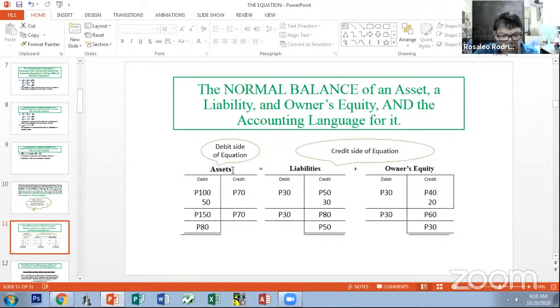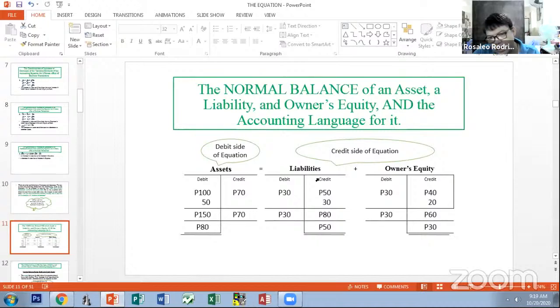For example, cash. Cash is an asset. Generically, it's called assets. Specifically, we have cash as a specific asset, so the cash account. Later on, as we proceed, I will be able to show you some of these accounts.